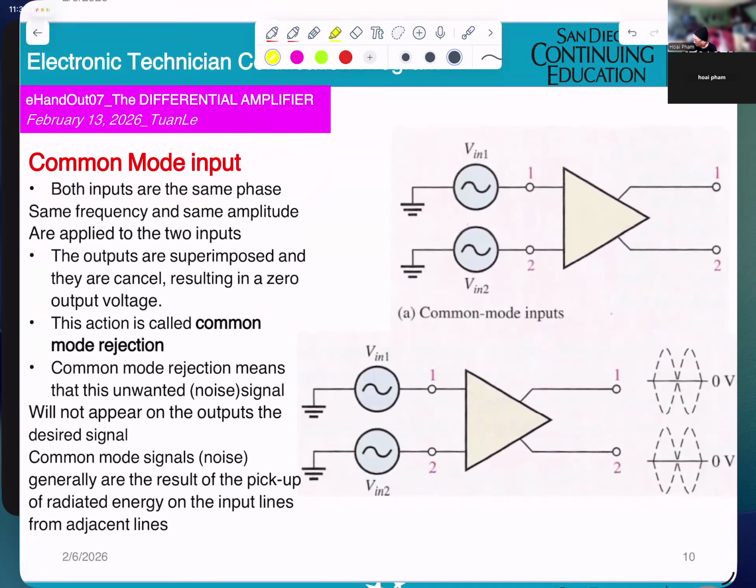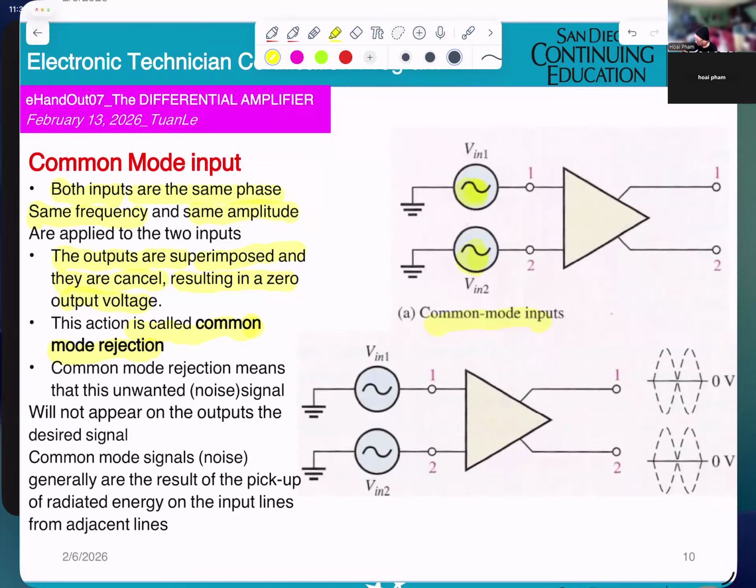If you apply the same phase for both, this action equals common mode rejection. If you apply two inputs at the same phase, they will be cancelled at the end.